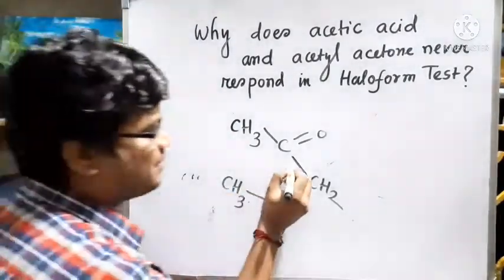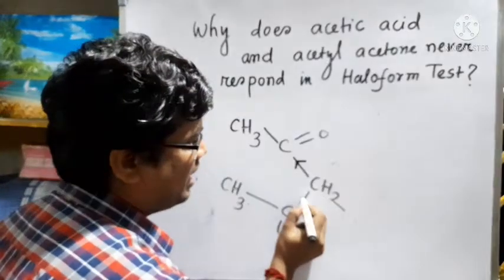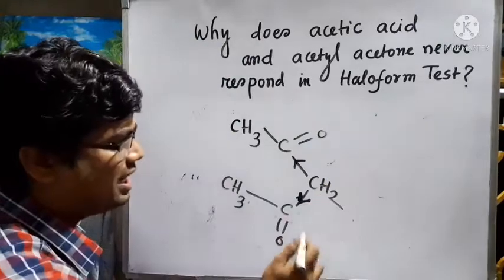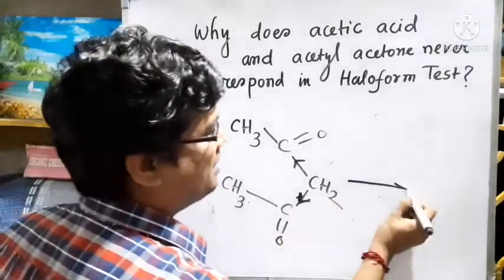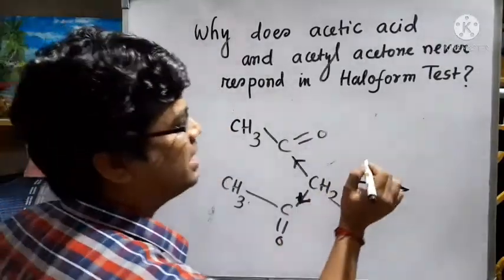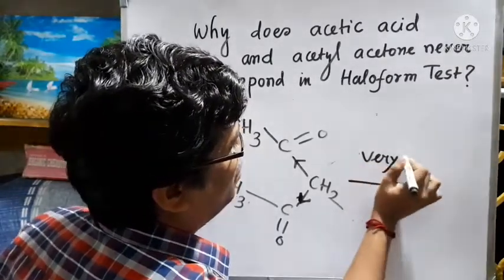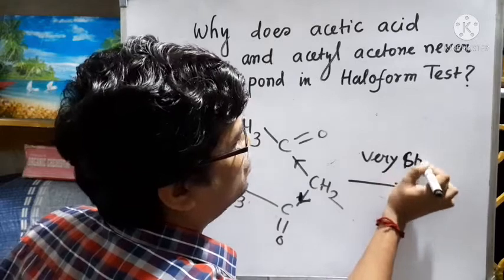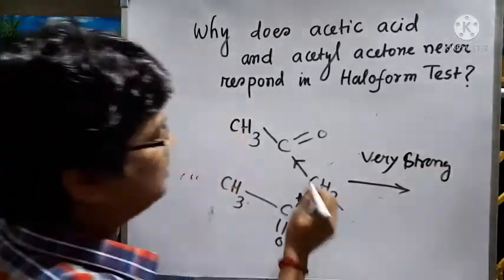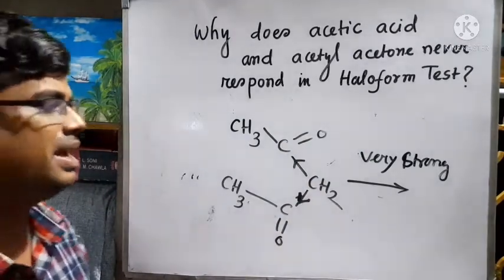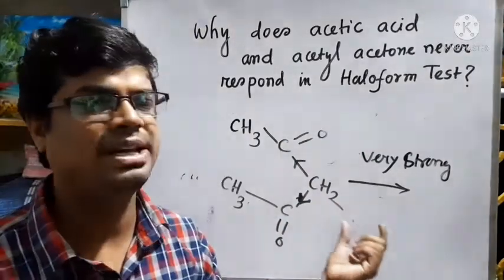The answer is that this keto group has a strong minus I effect. It strongly withdraws electrons from this carbon and makes this compound potentially acidic, a very strong acid. So this acetyl acetone, with the methylene group between two keto groups, makes this CH2 very protogenic.